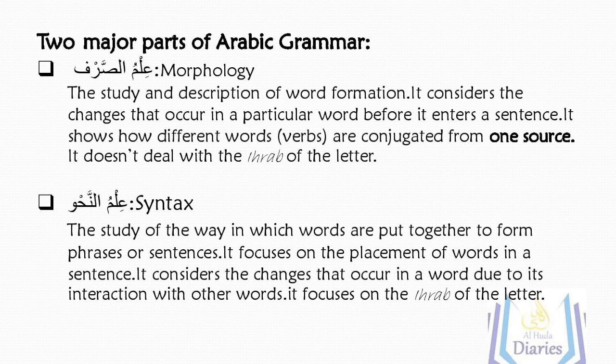But when it comes to the second sentence, where the word Dawood has a fatha and the word Jalut has a dhamma, we see that the meaning is completely the opposite. Because in this sentence, the word Dawood with the i'rab of fatha shows that the word Dawood here is the object, and Jalut with the dhamma becomes the subject.